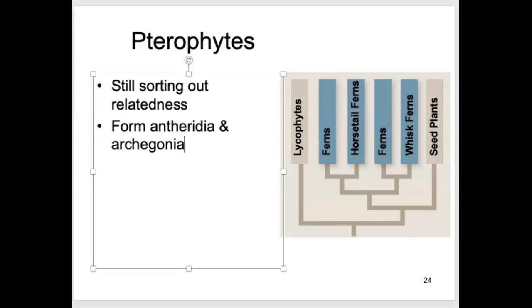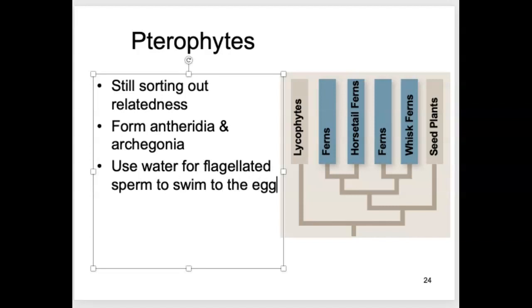So they have those male and female reproductive structures, and they use water for the flagellated sperm to swim to the egg. Okay, so those are the general characteristics of the larger group of pterophytes.